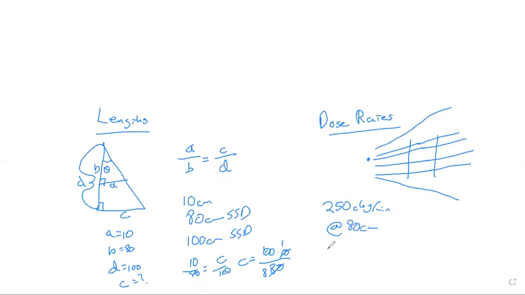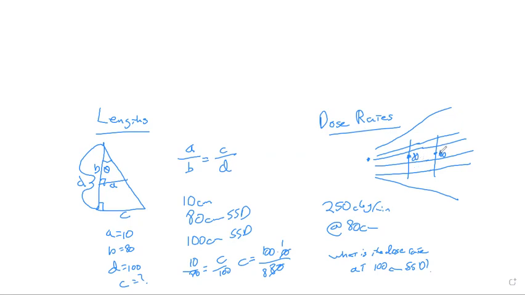What is the dose rate at 100 cm SSD? Well, what do you end up doing in this case? Let's say this was at 80, and we're looking at around 100 right here, SSD.